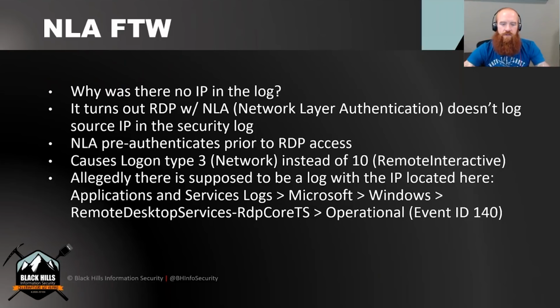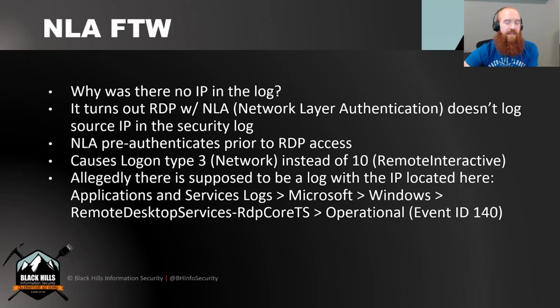In doing some research, we found that it's actually NLA that's the culprit as to why there's no IP. So, Network Level Authentication. When you go to RDP to a server and you have the pre-authentication box that pops up prior to you actually getting to the GUI, that's the Windows login. That's NLA pre-authenticating you before you actually get to the Windows server graphical user interface.